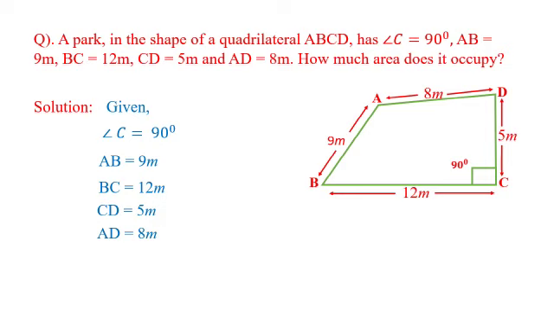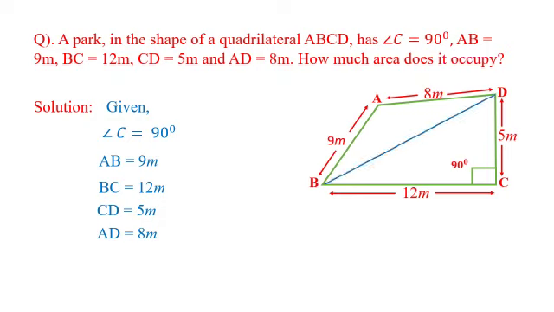In order to find the area of this quadrilateral, we are going to construct its diagonal and split this quadrilateral into two triangles. For now, you can pause the video and think about which diagonal to construct.